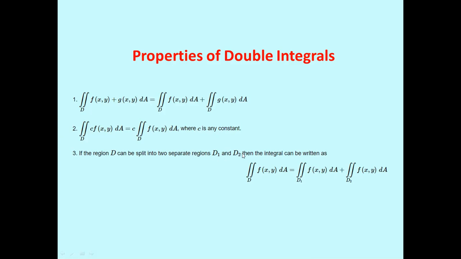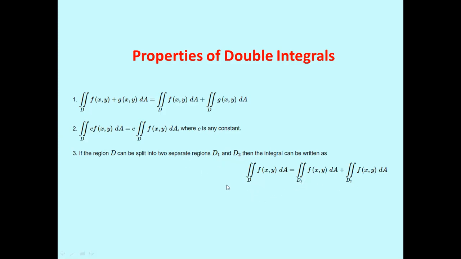Then we can say that the integral of these two can also be the sum of these two separate regions with their specific set of boundaries. So what you could see here is the same function, the function of x and y dA, bounded by this region. We separate it into two regions.